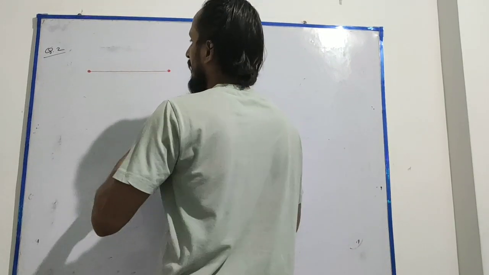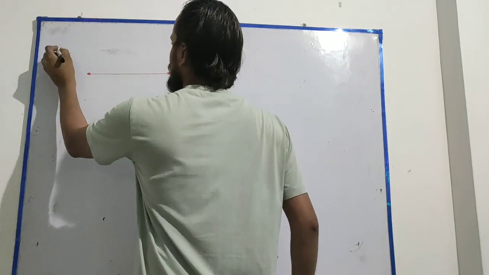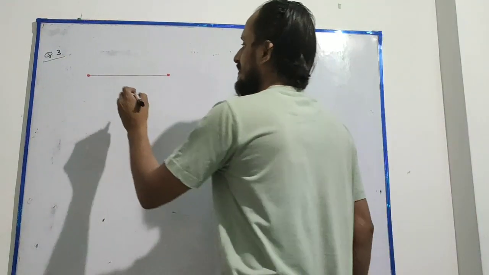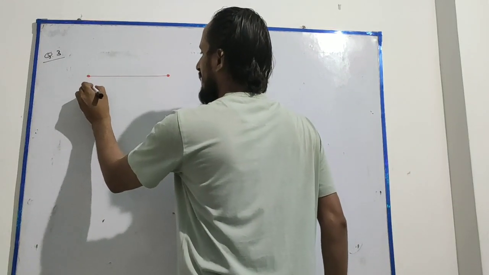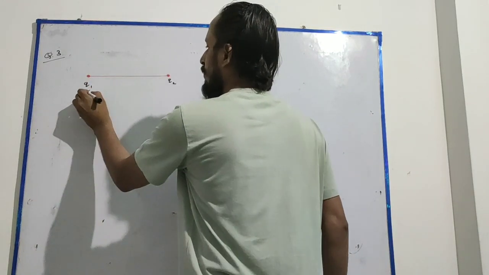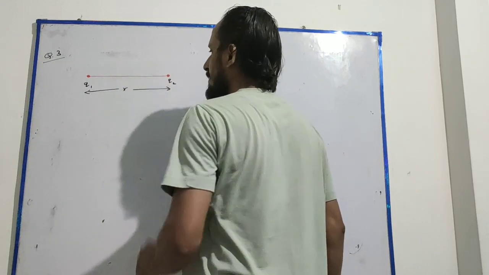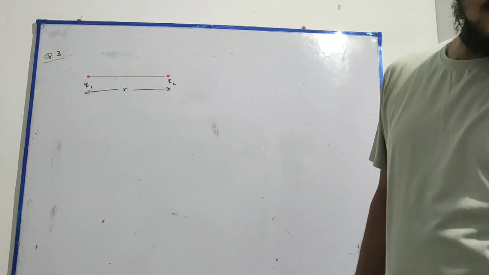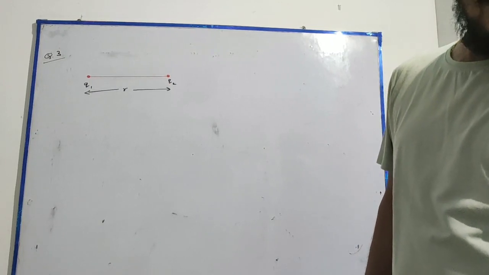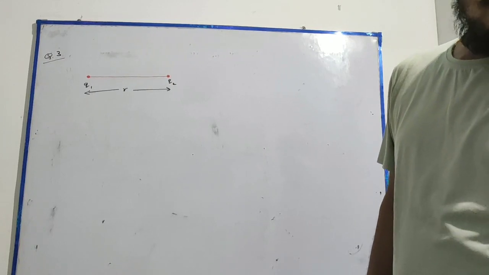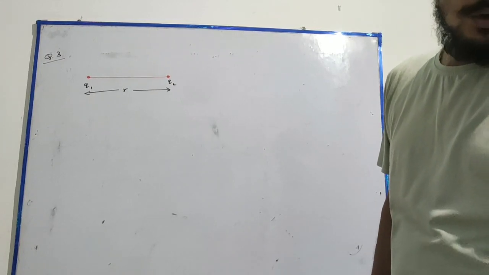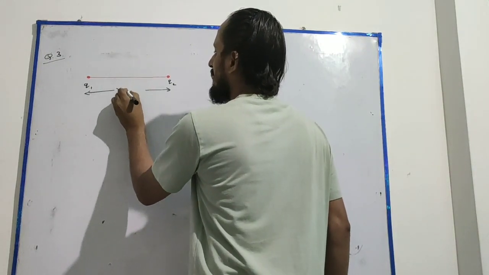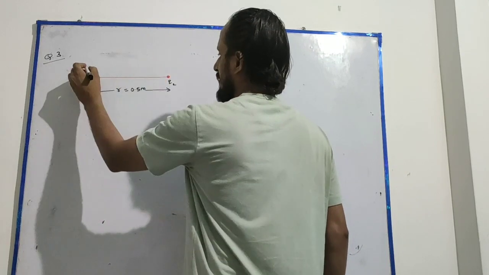Question number 3. Two identical spheres having the charges Q1 and Q2, kept r distance apart, having charges of opposite sign, attract each other with a force of 0.108 Newton, and the distance between them is 0.5 meter.